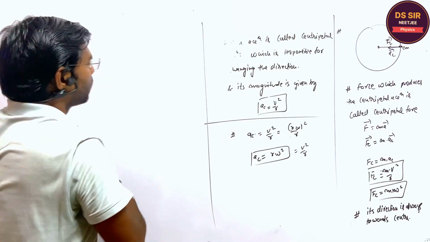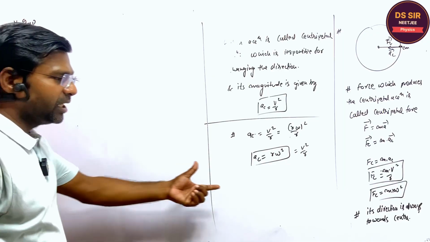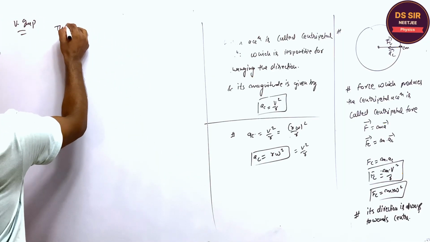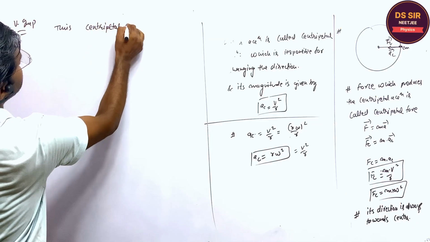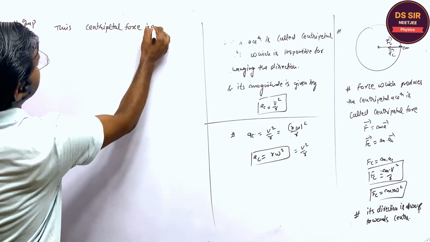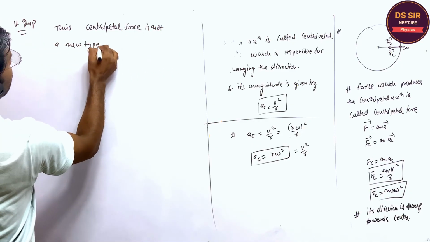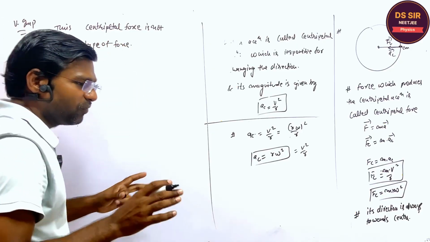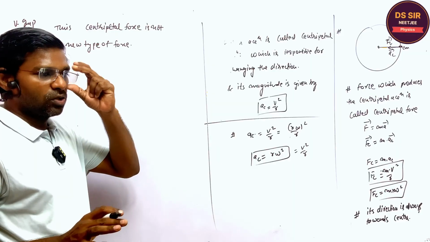Listen, one very important point is that this centripetal force is not a new type of force, right? How many types of force are present in nature? There are 4 types of forces. What are those?